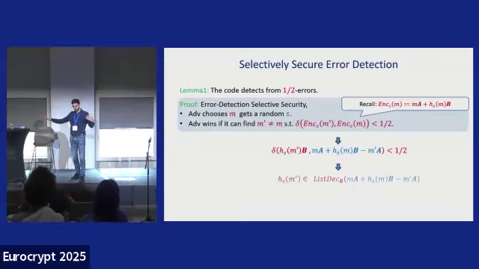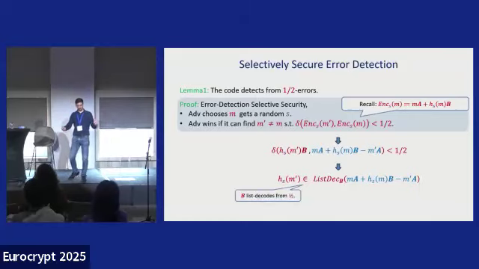This means that if I apply the decoding algorithm of B on this blue part, I'm guaranteed that the hash of S of M' is contained in this list. Because by the list decoding property of the code B, which is able to efficiently list decode up to distance half, I know that this hash is contained in this list.